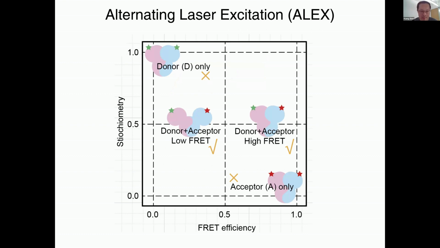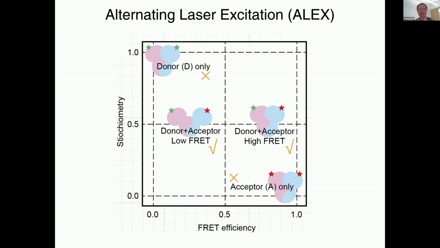There are two parameters that are most important here. The first one is FRET efficiency, which represents the distance between these two dyes. And the other one is stoichiometry, which is the relative ratio between these two dyes. Because of the difficulty in the labeling condition, ALEX is particularly useful in this case.